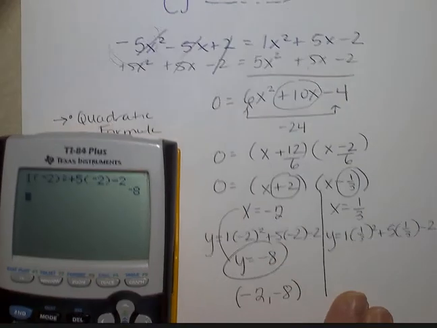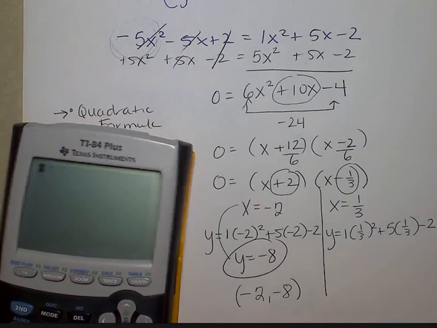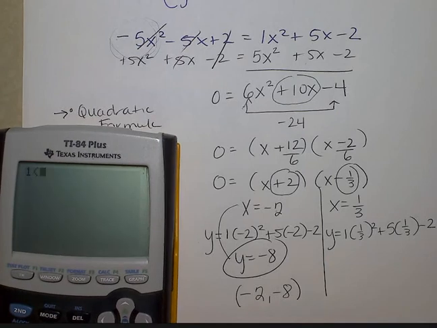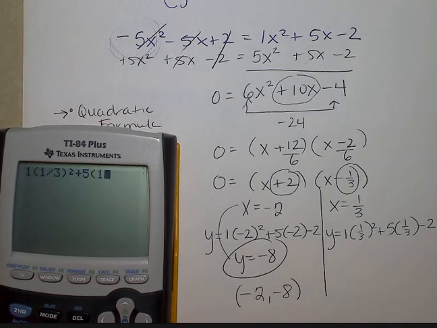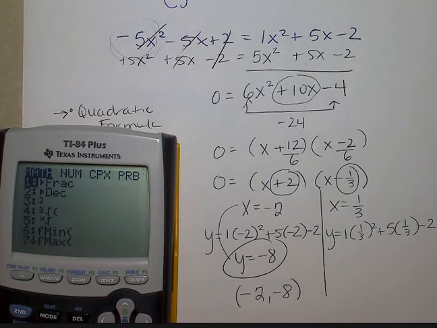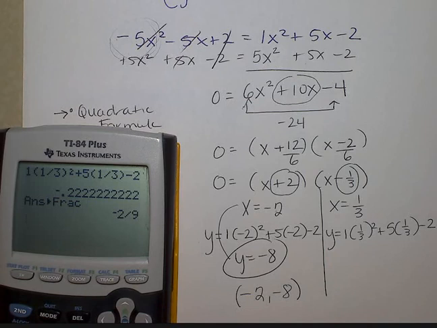I'm going to do the exact same thing, plugging in 1/3. So 1 parenthesis, 1/3 squared, plus 5 parenthesis, 1/3 minus 2. If it's a decimal, we're going to turn it back into a fraction. So I'm hitting math, fraction, enter, enter, and y equals -2/9.